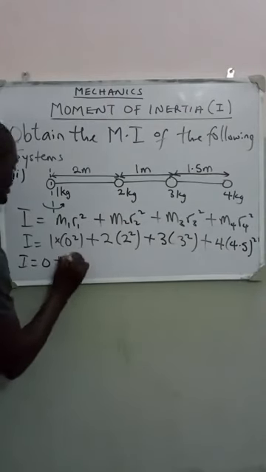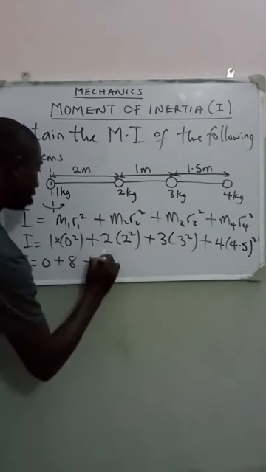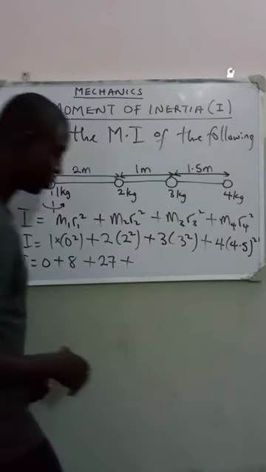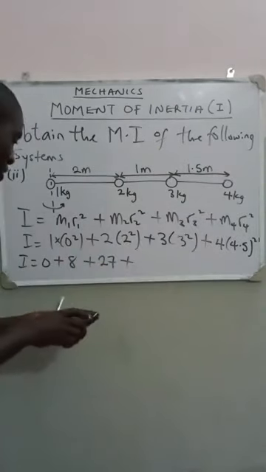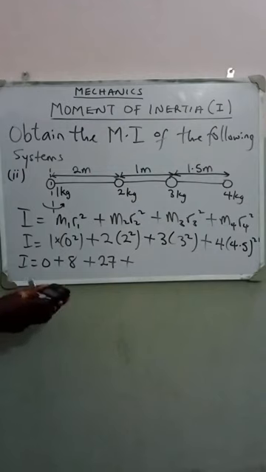4 times 2 gives 8, plus the third one, 9 times 3 gives 27, plus the fourth one. The fourth one we are having 4.5 squared, multiplying 4. This will give 81.